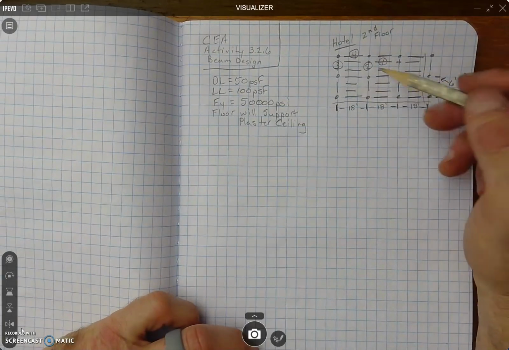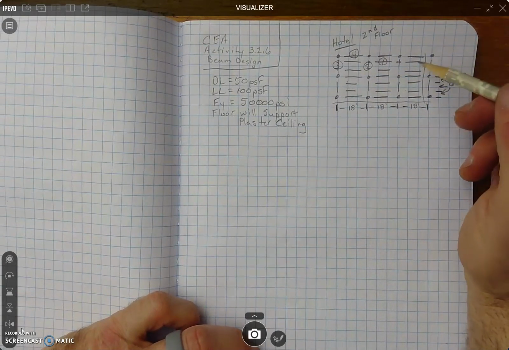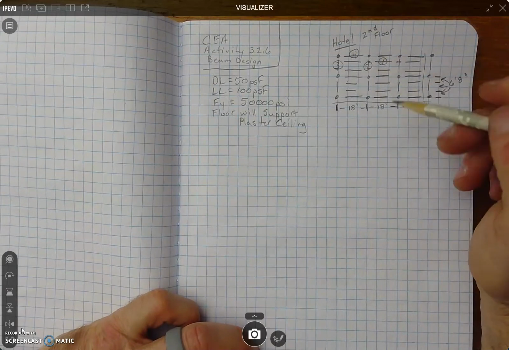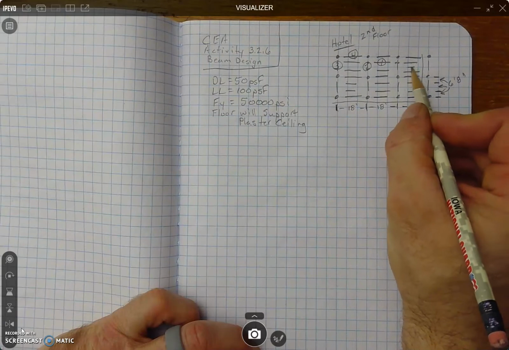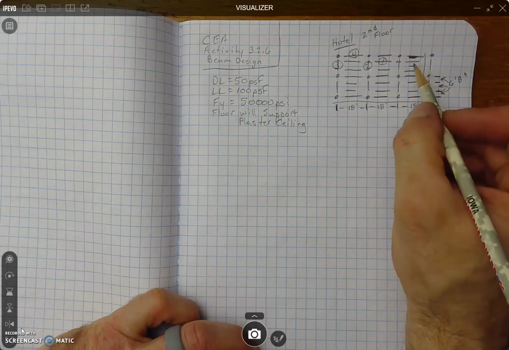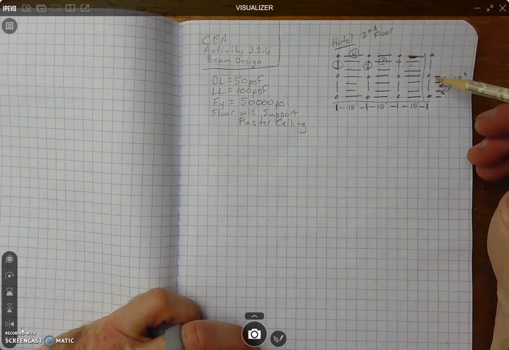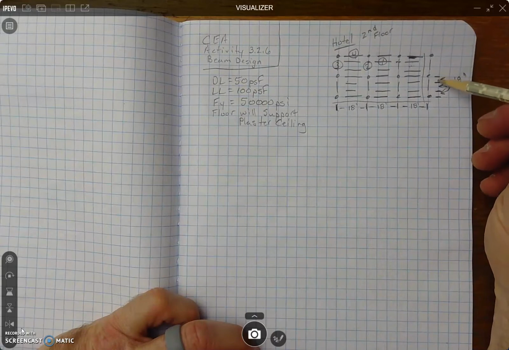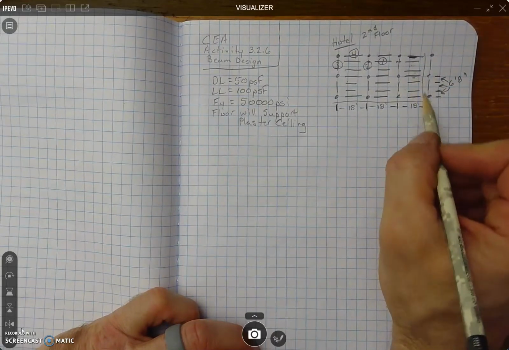Okay, so why is this important? A few lessons back, when we did loading, we loaded these. Remember, an internal beam here is going to have a tributary that big, the same as the width between the beams, because you go halfway between them on each side.